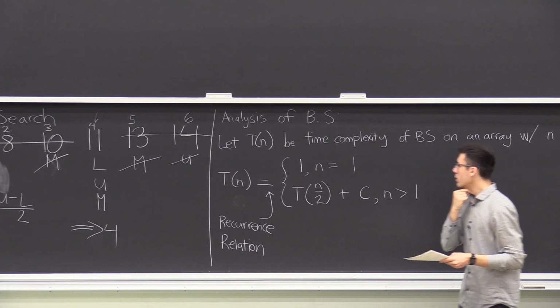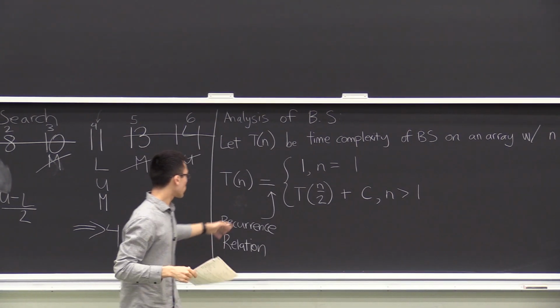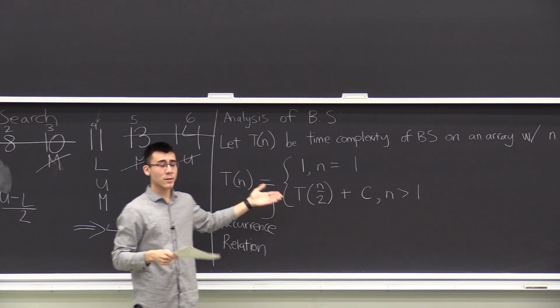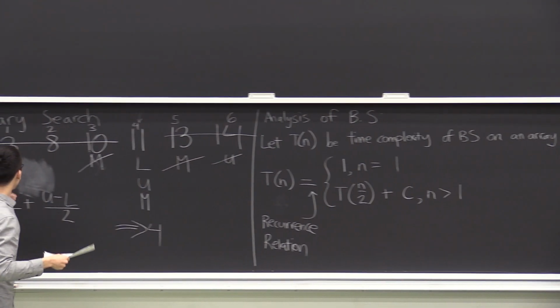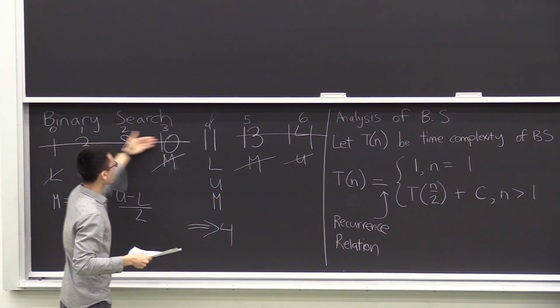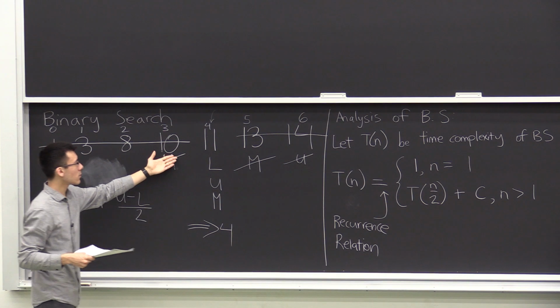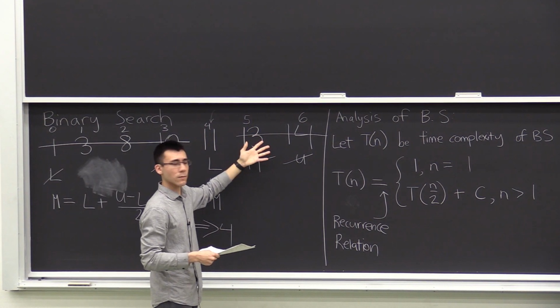Okay? And basically, what I'm saying is that we divide the problem in two. This is what I mean when I talk about divide and conquer. So I effectively crossed off, in the first iteration, half of the list, and then I solved the same problem on the other half.